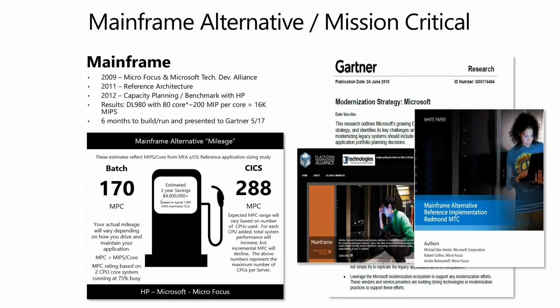And so a study was done with HP at the time and Micro Focus and Microsoft to say, okay, what is the typical number of instructions per second? Mainframes are typically measured in MIPS, millions of instructions per second. How does that match with a mainframe processor into cores that are running in Azure?